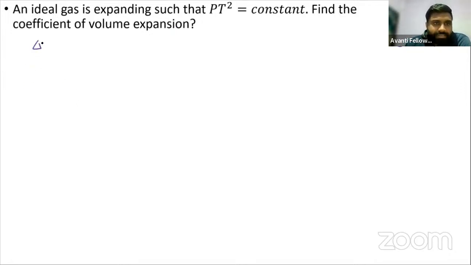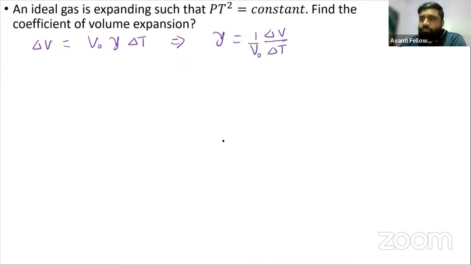We know that delta V equals V naught gamma into delta T. So volume expansion is given by delta V by delta T into 1 upon V naught. This is the volume expansion. Now for the differential form, you can write gamma is equal to 1 upon V naught dV by dT.